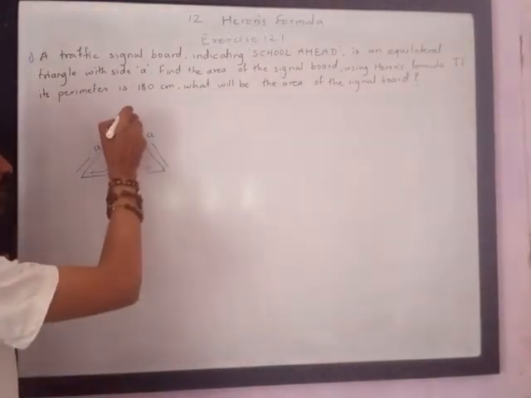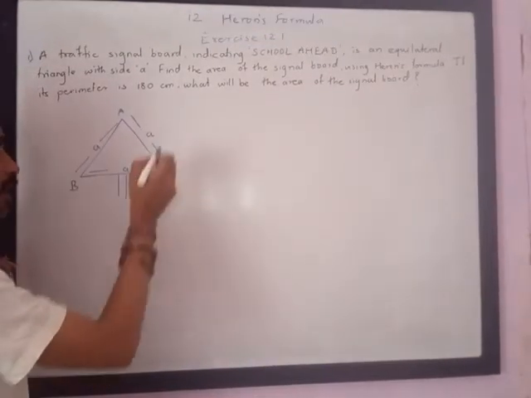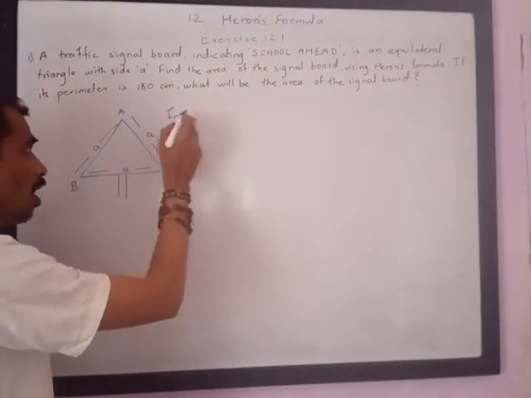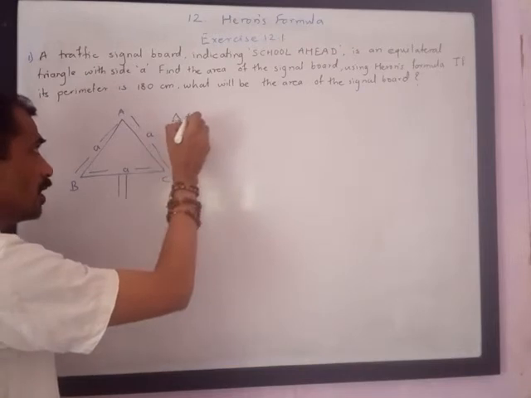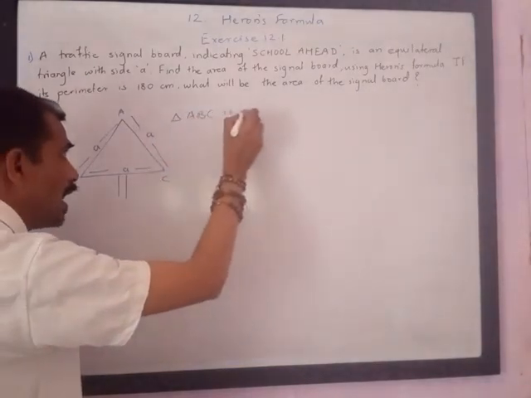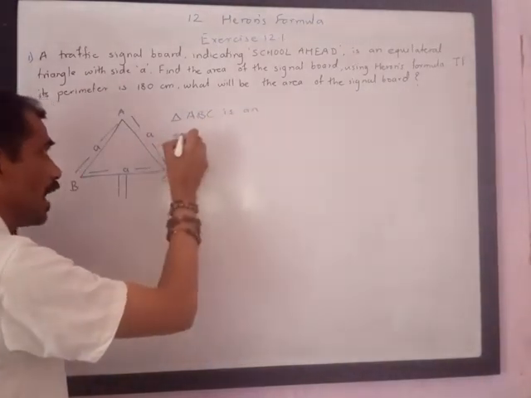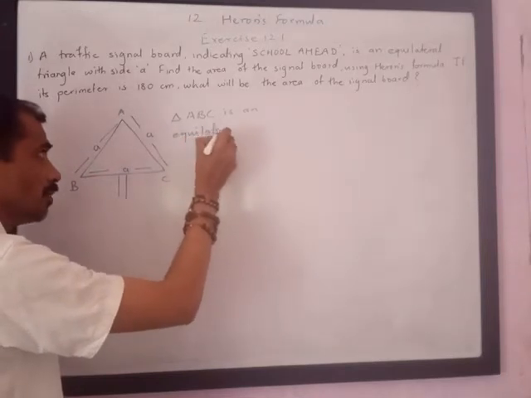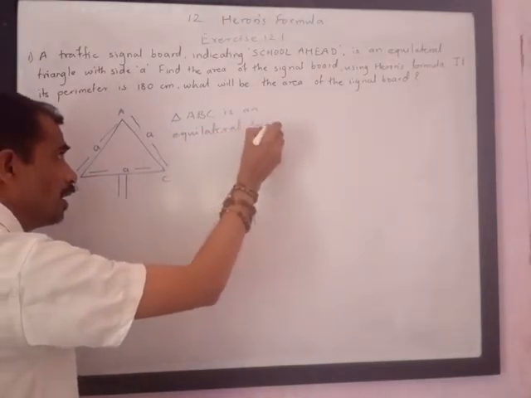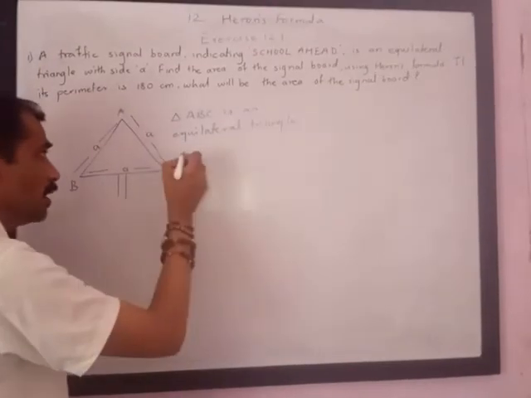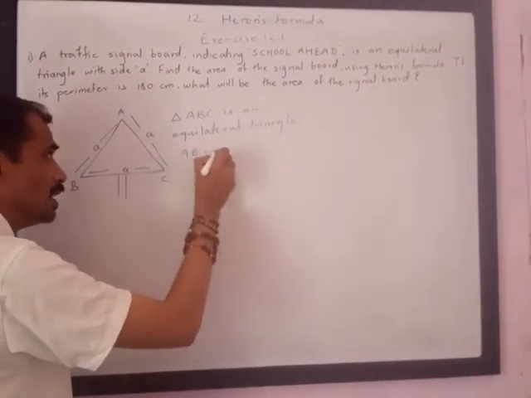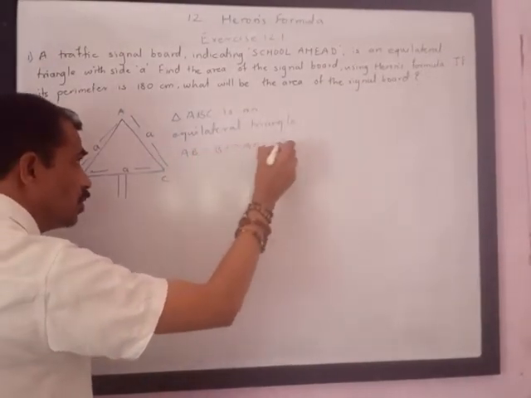ABC is a triangle. Triangle ABC is an equilateral triangle, and each side AB is equal to BC is equal to AC, that is equal to A.